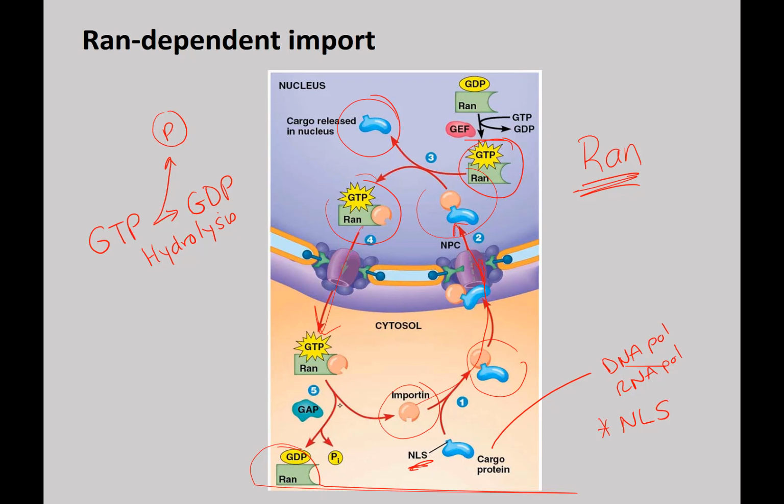And that burst of energy release allows importin to be released, and it can go bind another cargo protein, and RAN is also ready to go back into the nucleus. I'll show you that RAN pathway in just a minute. So RAN-dependent import means you're using RAN, you're using GTP energy to move stuff through the nuclear pore into the nucleus.